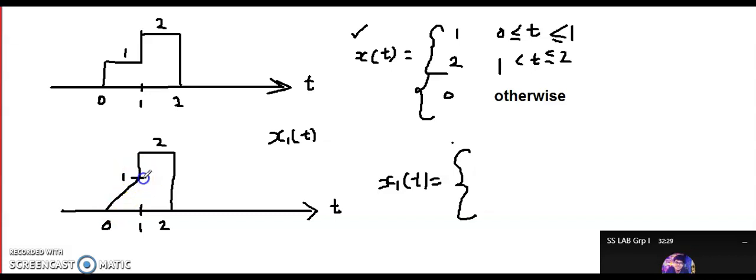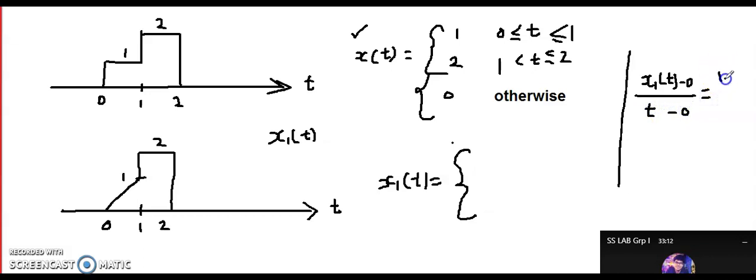So when you use the 2-point formula, as I defined earlier, 2-point formula से आ जाएगा: (x1t - 0) divided by (t - 0) equals (1 - 0) divided by (1 - 0), क्योंकि ये 1 1 point है and this is the 0 0 point.